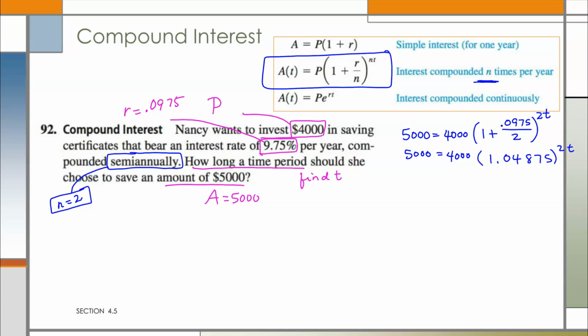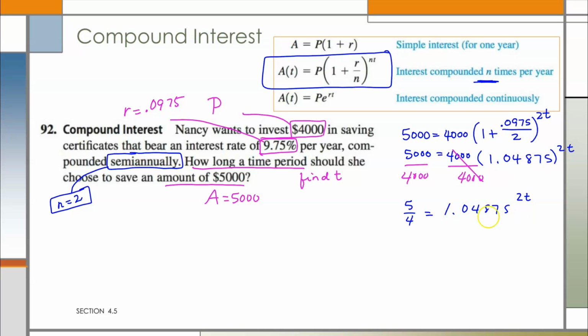To solve an exponential equation, we first have to isolate our exponential. So to isolate our exponential, let's divide both sides by that 4,000. So that gives us 5 over 4 is equal to 1.04875 to the 2t.